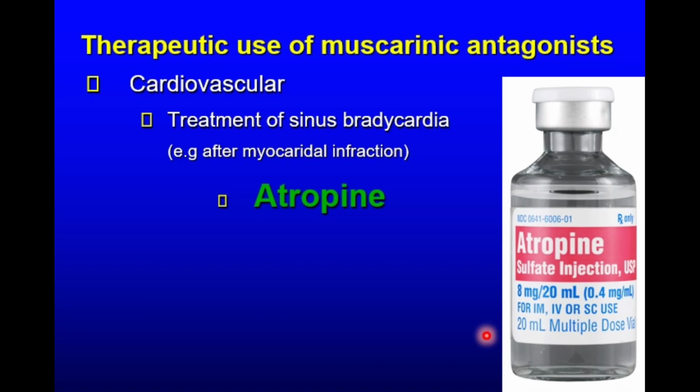Clinical use of muscarinic antagonists on the cardiovascular system: sinus bradycardia, which sometimes happens after myocardial infarction, can be treated with atropine.